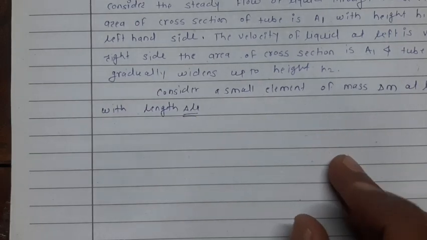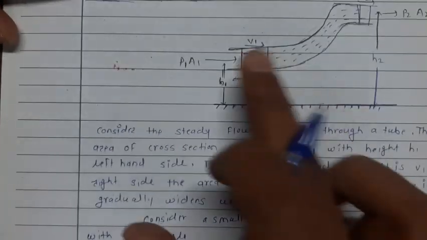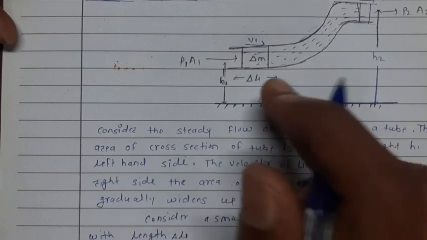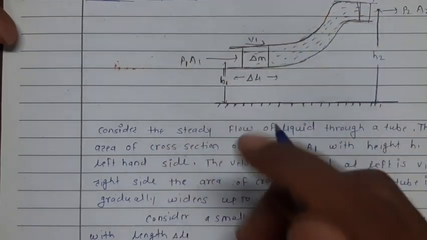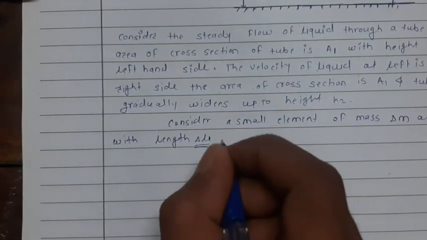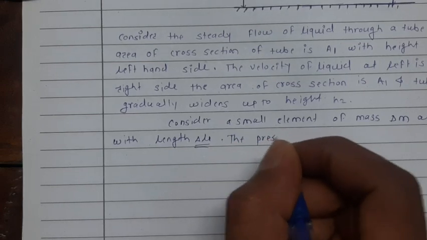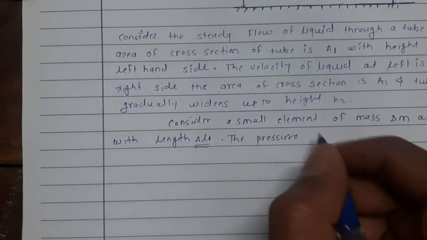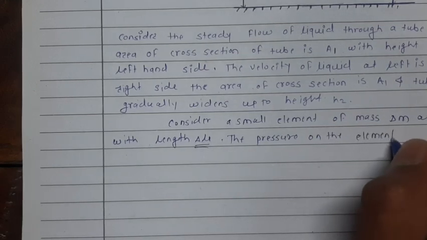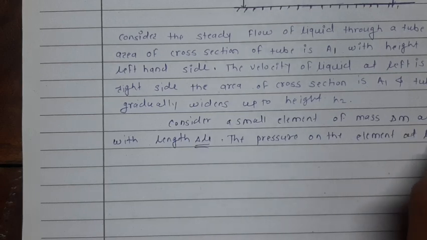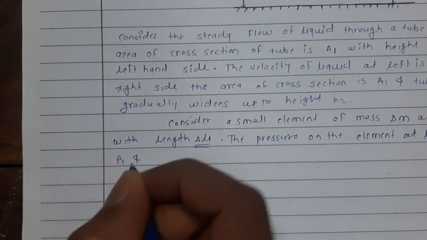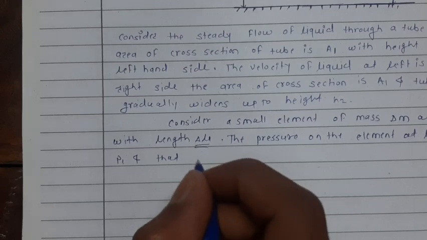Now, what we are considering here is that the pressure is applied in this direction and the liquid is flowing in this direction. This small liquid element will try to move on this side. The pressure on the element at left is P1 and that at right is P2.